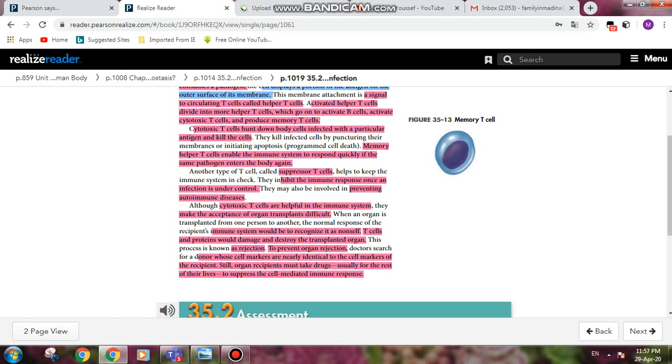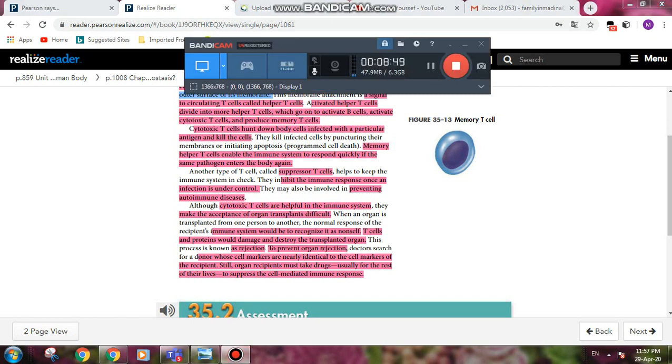We want to say something about cytotoxic cells. As they are helpful in the immune system, as you have seen, they kill the infected cells, but they have some problem when a person has an organ transplant. Whenever a person has an organ transplant, these cytotoxic cells make acceptance of the organ transplant difficult.